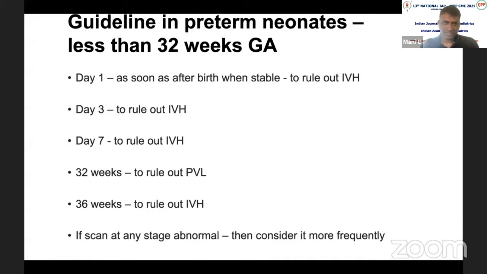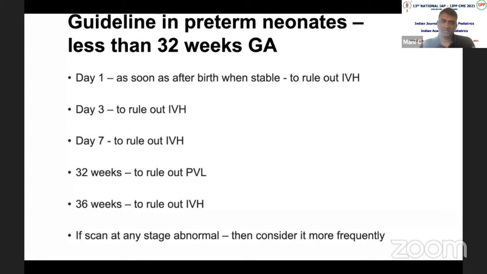The rough guideline is this. You should do it as soon as possible after birth. On day 1, it's important to rule out any IVH or to document a basic normal scan. Then day 3 and day 7, to look for any progression or to rule out IVH again. And then again at 32 weeks and 36 weeks. These are the minimum 5 scans in the NICU that we should be doing for all babies.